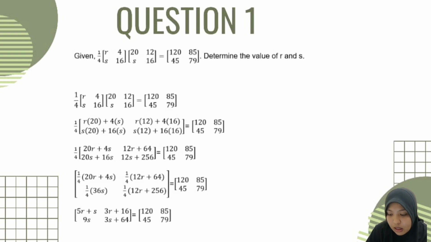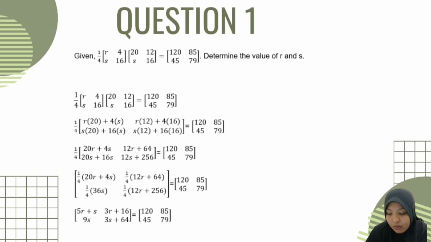So it gives 1/4 multiply 20R plus 4S, 1/4 multiply 12R plus 64, and 1/4 multiply 20S plus 6S, 1/4 multiply 12S plus 96, equal to matrix [120, 85; 45, 79].